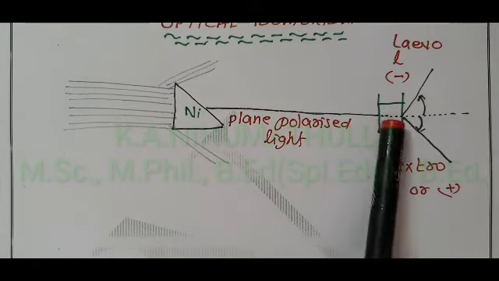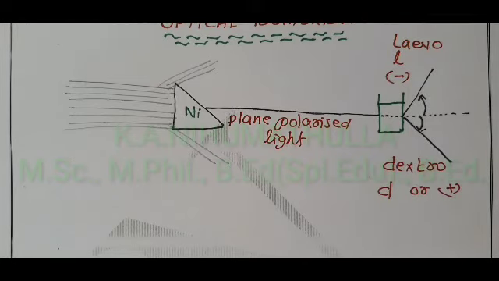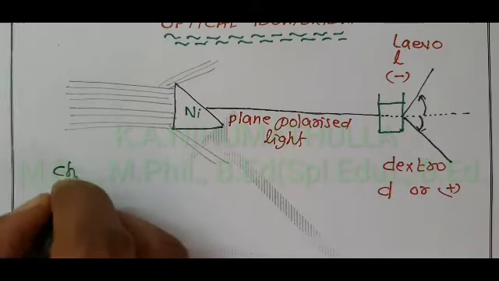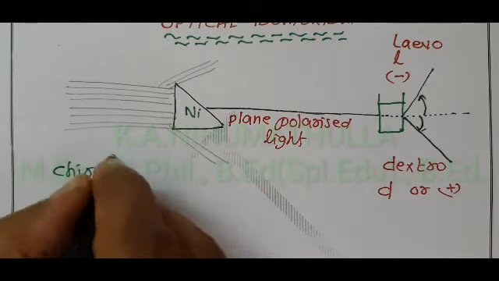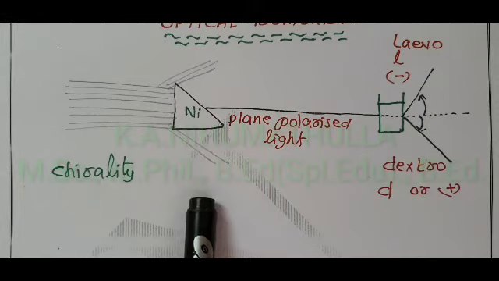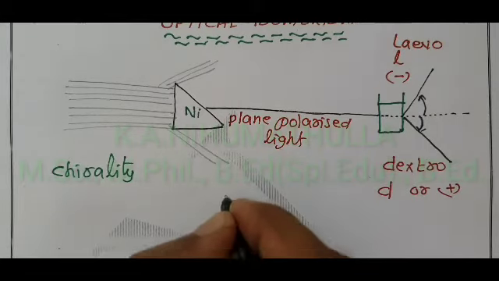Which compound rotates the plane polarized light? The main condition is the compound exhibits chirality. Chirality we will study in organic chemistry. The condition for chirality: chiral carbon, valency 4.